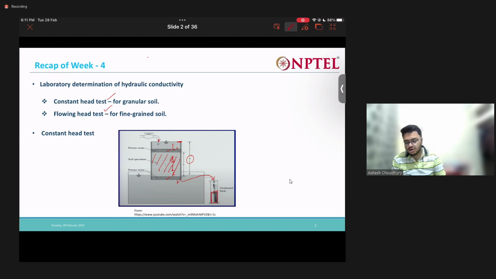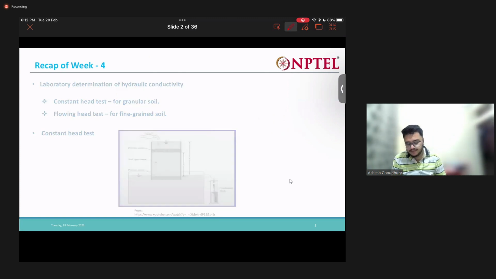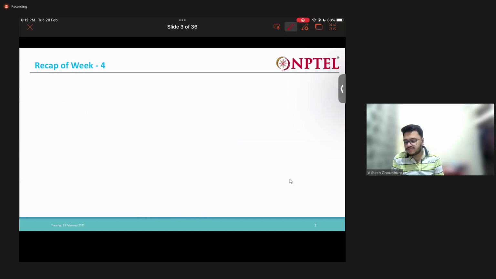What we will be doing is calculating the time t and the volume of water collected here. In time t we will be collecting Q volume of water in this graduated flask.